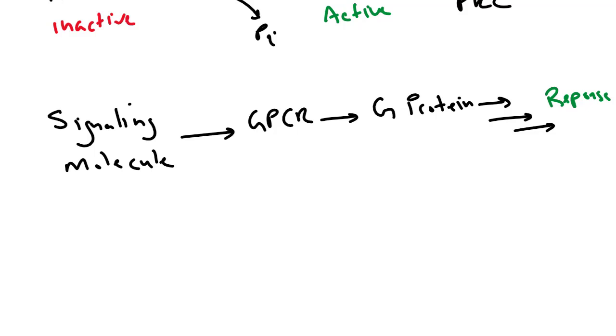Well, as part of that response, or somewhere in the pathway, you will get activation of GAPs. And the GAPs will go on to inhibit the G protein. That is through further activating the GTPase activity of the G-alpha subunit, thus leading to it taking the GTP that it's bound and hydrolyzing it to GDP, sending it to the inactive state.